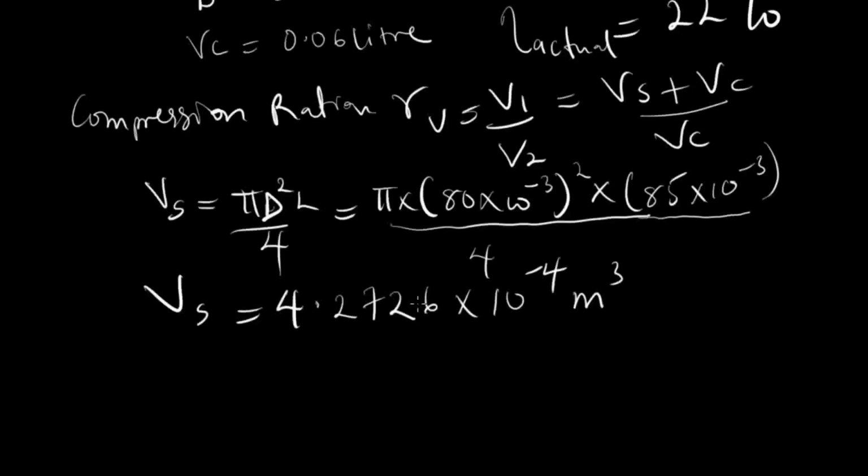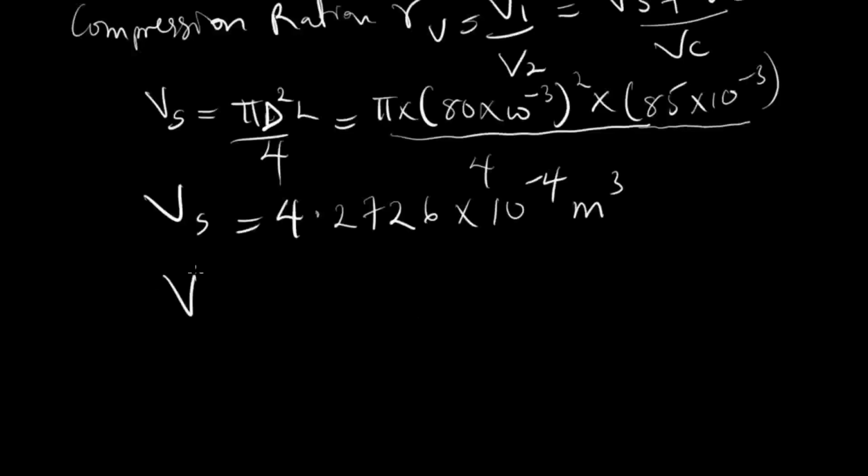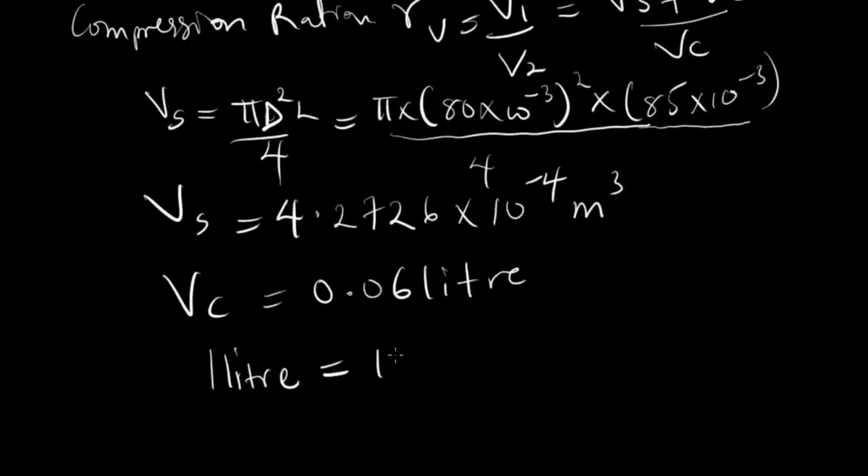Okay, now Vc was given in the question as 0.06 liter, but liters, we don't work in liters. We work in the basic unit. So how do we convert this to meter cube? Recall from our basic knowledge of primary conversion that 1 liter, from chemistry, is equal to 1000 cm cube.